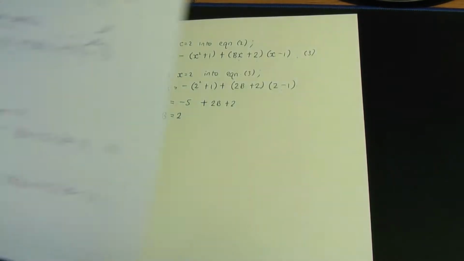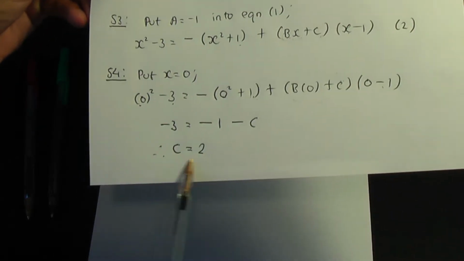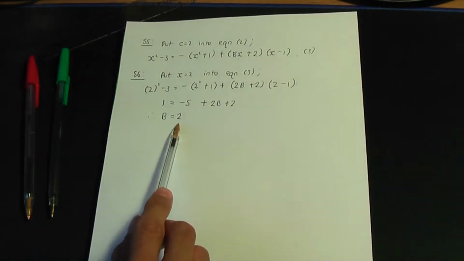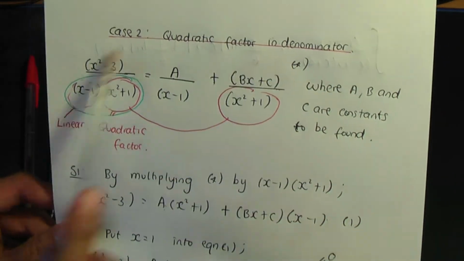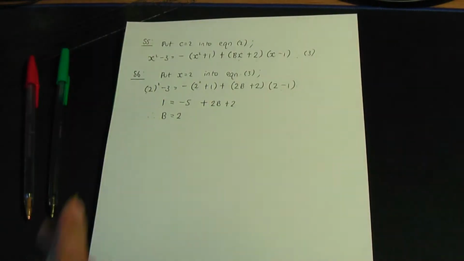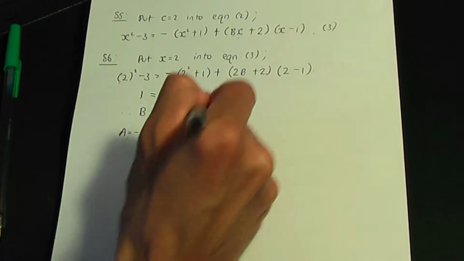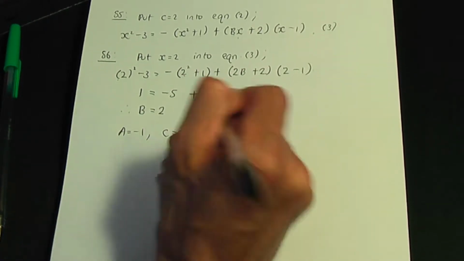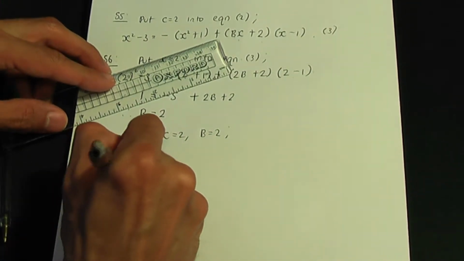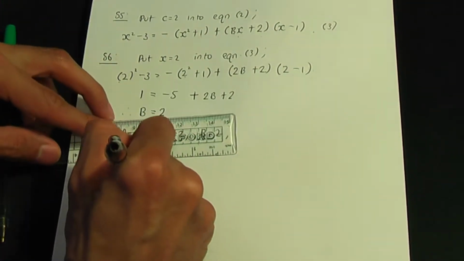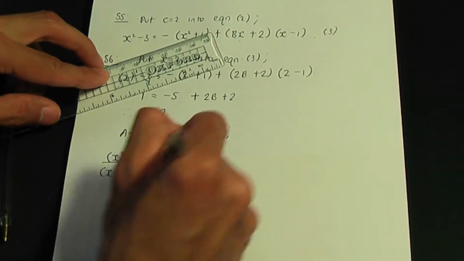So we found the values of our constants. A is minus 1, c is 2, and b is 2. So let's put those values into the equation that we had at the start. So a is minus 1, c is 2, b is 2. When we plug these values into the very first equation, we're going to have x squared minus 3 over x minus 1 into x squared plus 1.